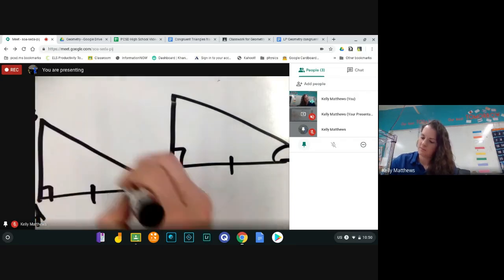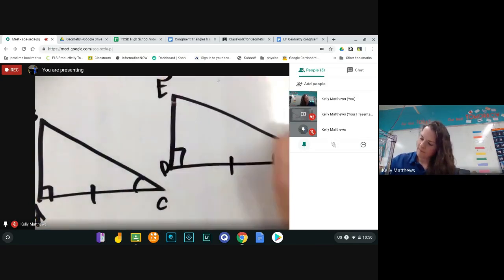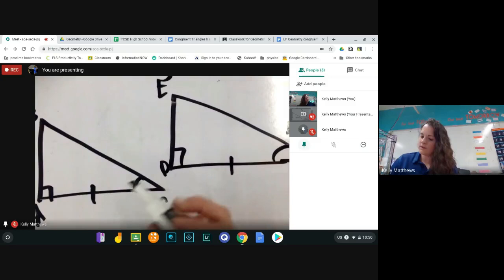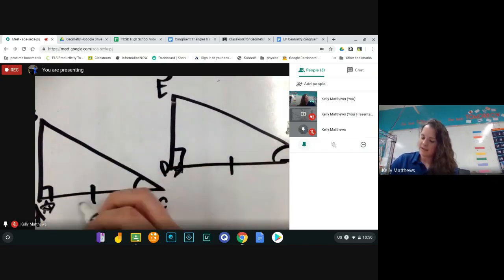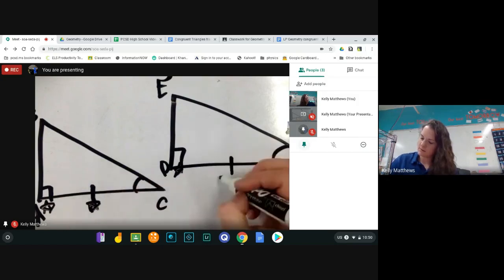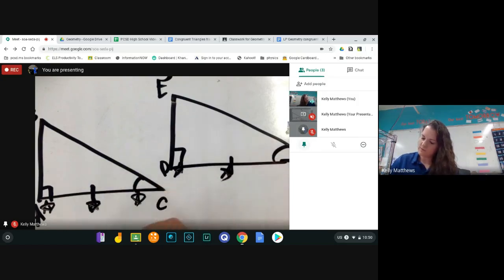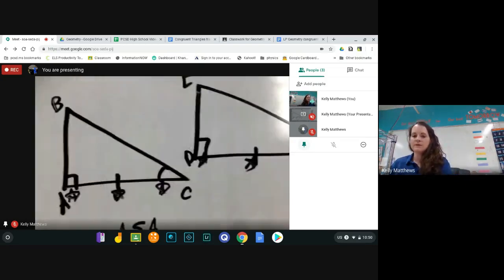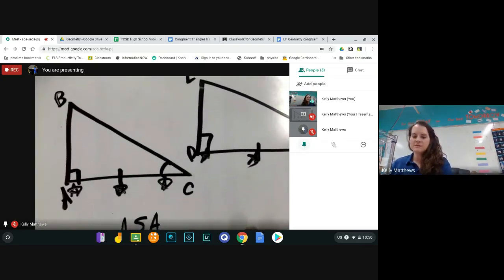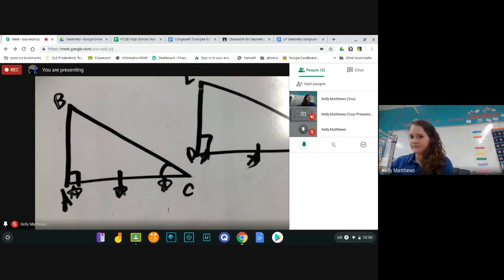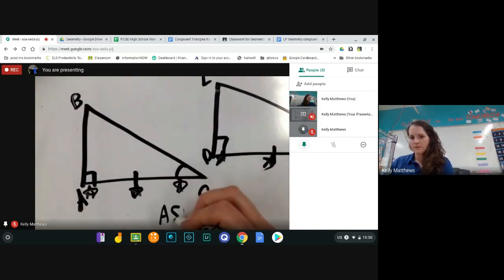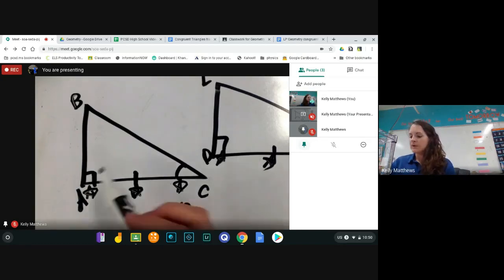Let's give them a name. So since I have an angle, a set of angles, and a set of sides, and another set of angles, then I know that these triangles are congruent by the angle side angle test. Okay, all that I knew to start with was just the information that is marked.